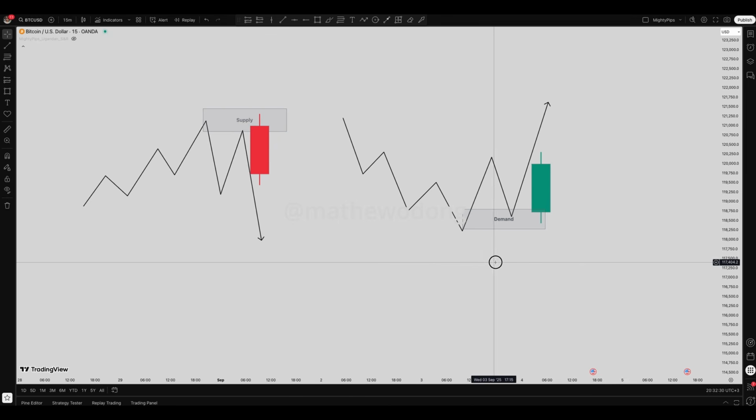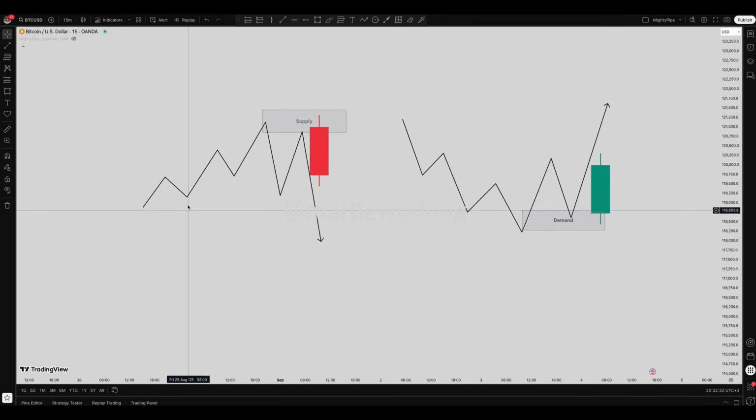So for supply to happen on the chart, you want to look at a market which is going up like this, creating higher highs and higher lows. If the most recent higher high is not broken by the next high and the most recent low breaks the most recent higher low, then you know that the next push to the upside towards that previous higher high will create a supply zone.